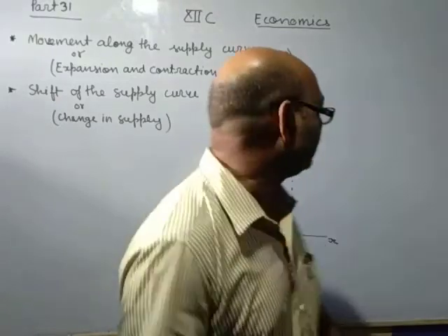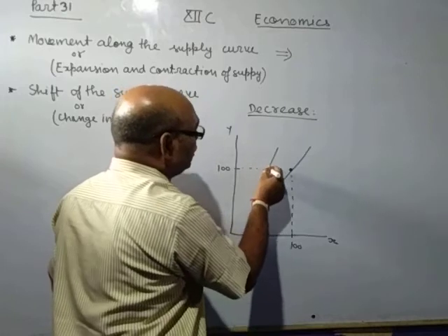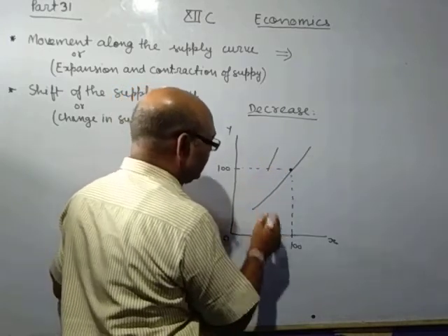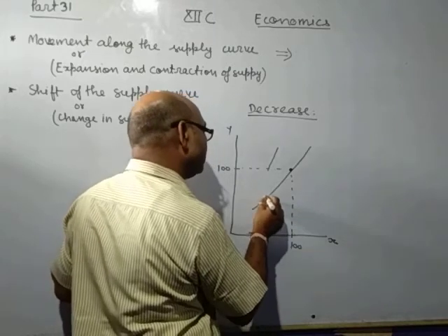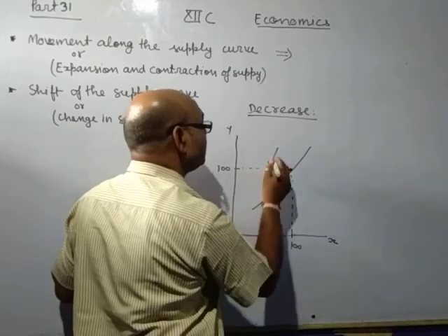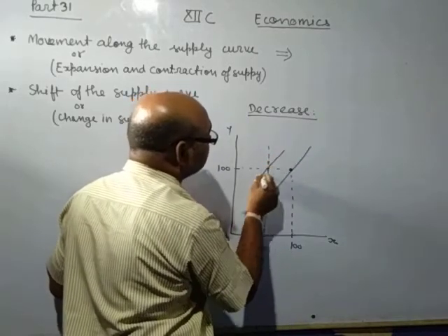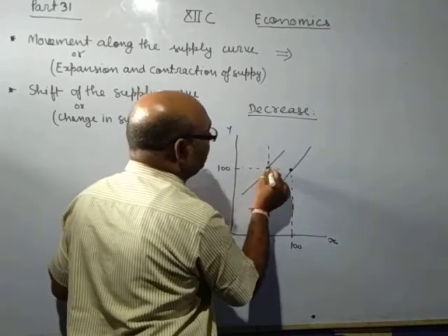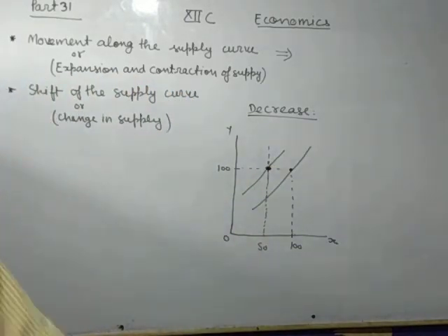So a new supply line: at the same price, you have started to supply 50. You are seeing this is the new supply point, the price is the same, but the supply has decreased. This is how the market behaves in the case of supply.